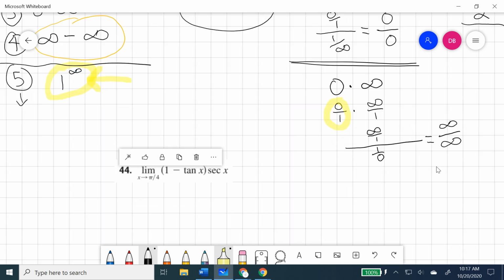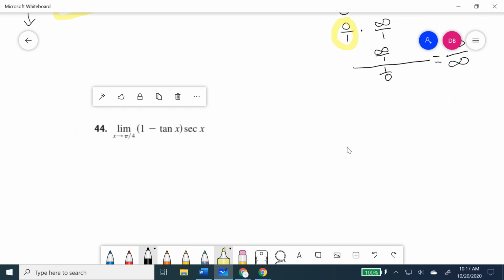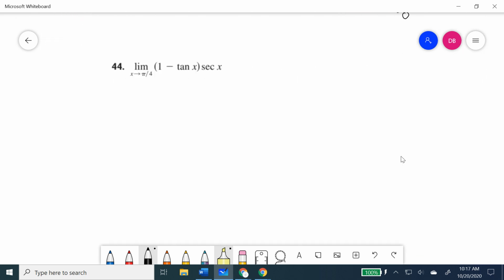So this one right here. Let's just take a look at what's going on. If I plug pi over 4 into tangent, what is tangent at pi over 4? 1. So I've got 1 minus 1, I have 0. What is secant doing at pi over 4? Right.